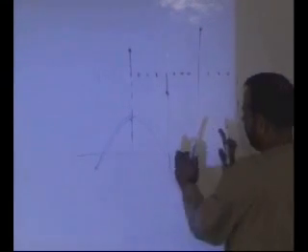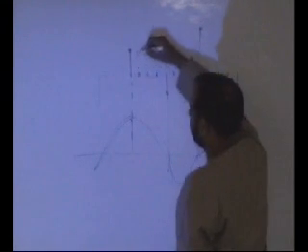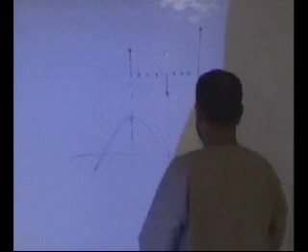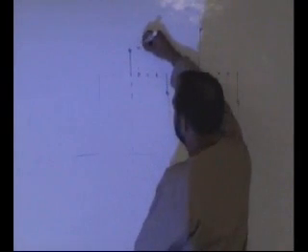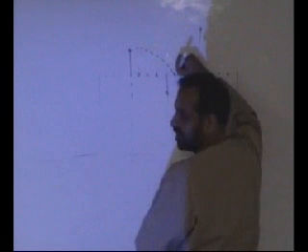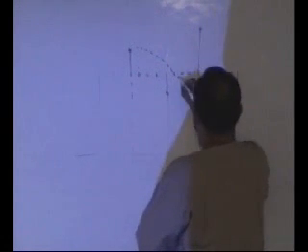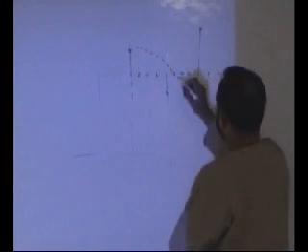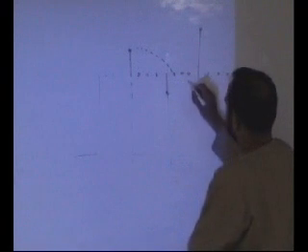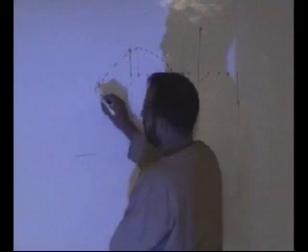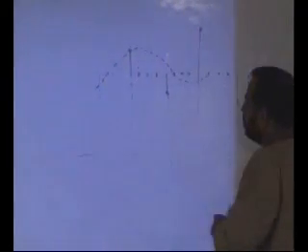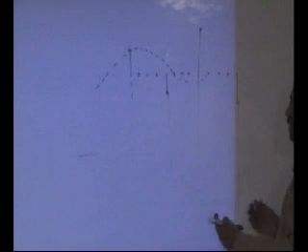But once you shift this and bring it here, then what will happen? At this point the sinc 0 will pass through this 0, right? And the next 0 will again pass through this 0, and this 0 will pass through this 0.